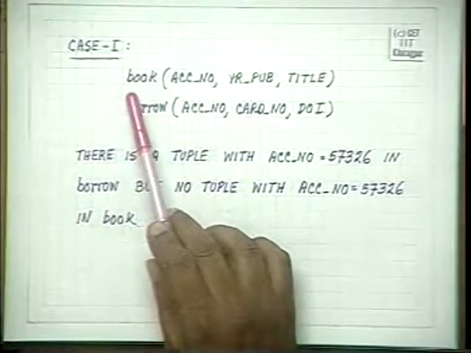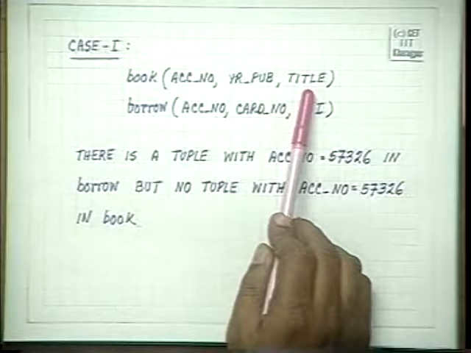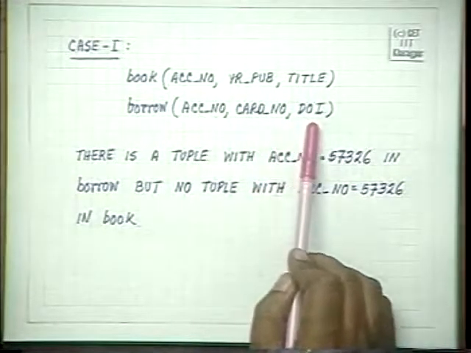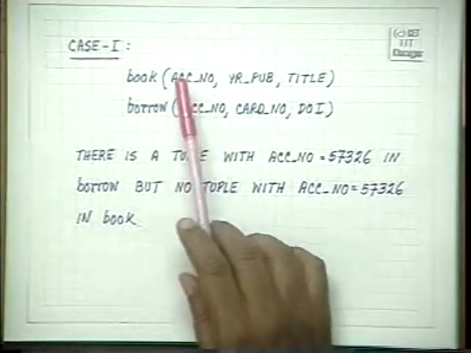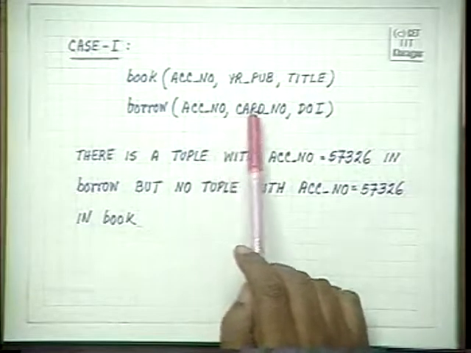The first case, case 1. Let us see, the book relation has accession number, year of publication and title. The borrow relation has accession number, card number and date of issue. Somehow we may be knowing that this is the primary key here and this is the primary key attribute here.